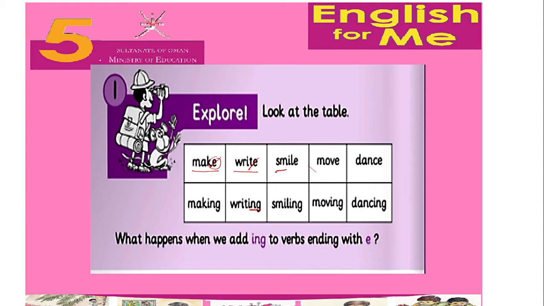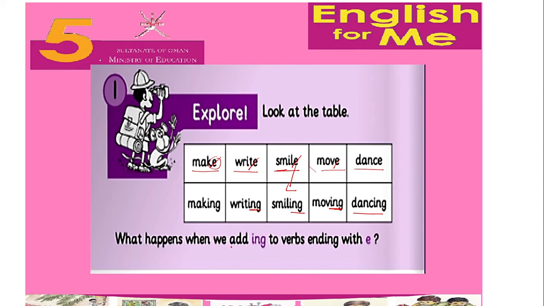Look here, smile. When I add ing, look here after L, there is no e, so I deleted the e here. I add ing. Move, the same. There is no e, so I deleted the e and I added ing. Dance, dancing.